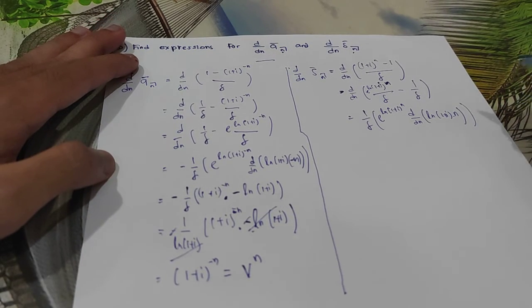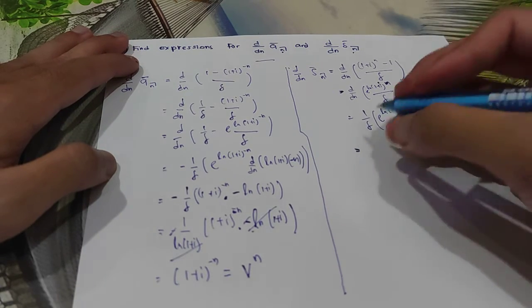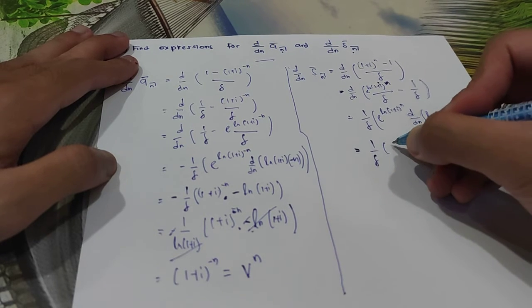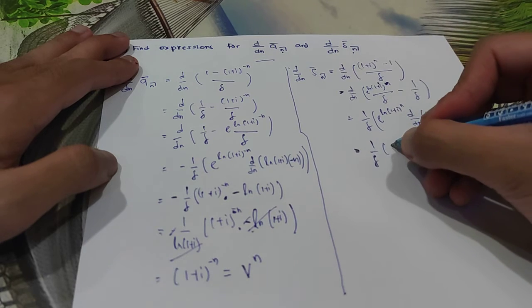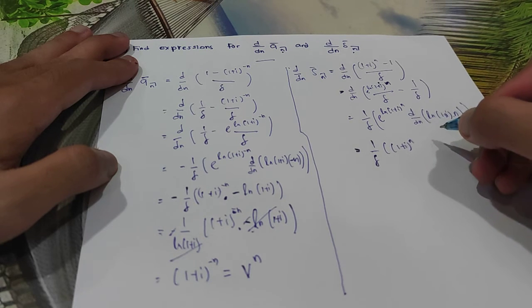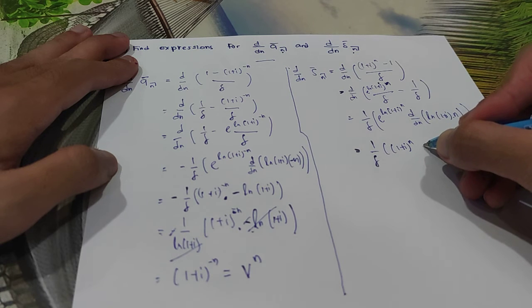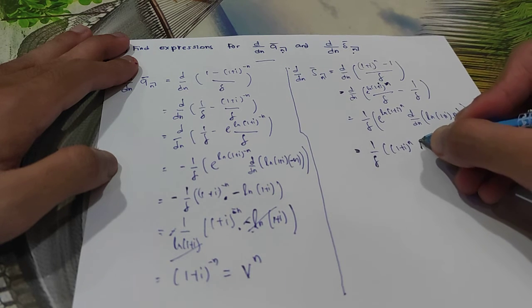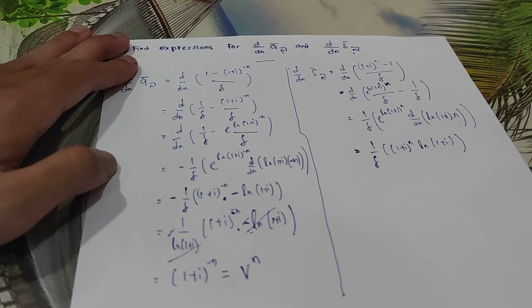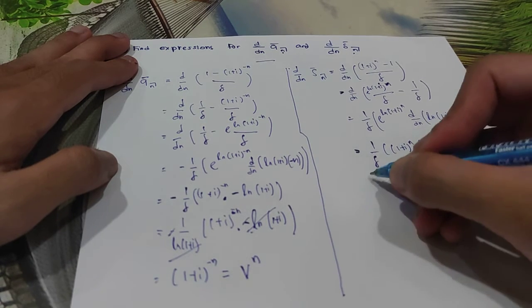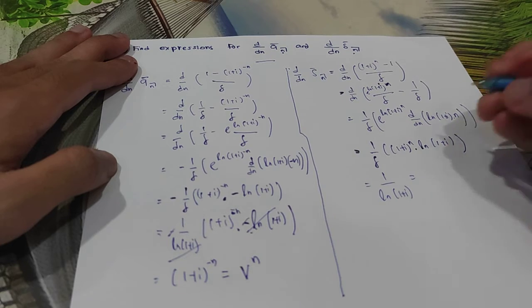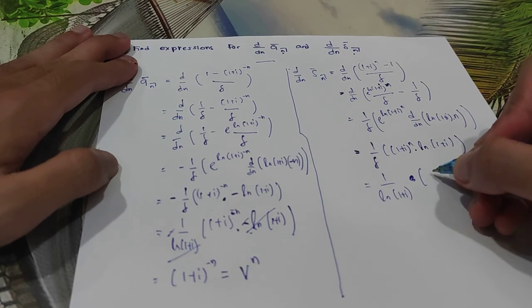After we get this, we simplify this equation and differentiate it, and we get ln (1 plus i), and we know that delta is ln (1 plus i).